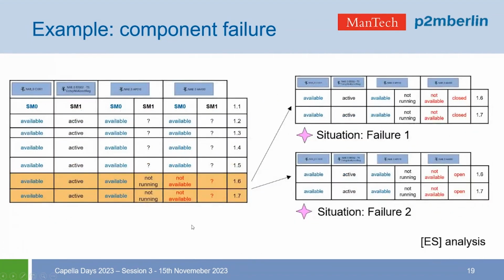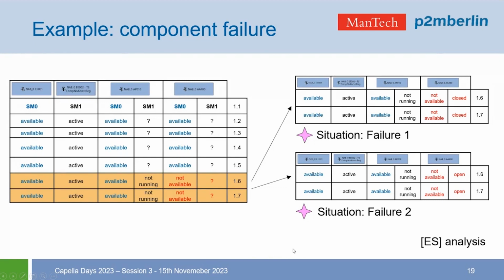This means we can have two failure situations. If the valve was closed before the failure, then it will be not available and closed for the last two steps. If this valve was open, it will be not available and open. And these are all the steps that the algorithm goes through in order to identify these situations that you can see in these two tables.